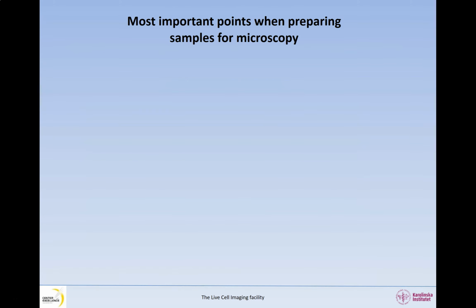So here we listed the most important aspects you should pay attention to when preparing your sample for microscopy. Always match the fluorophore with the microscope filters. Choose a sample carrier adapted to your experiment.